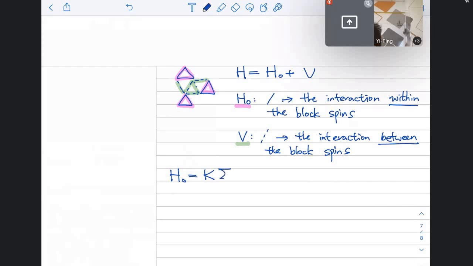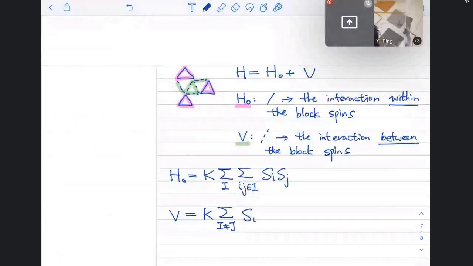So in this more suggestive way, you can express H0 and V using these Hamiltonians, okay?